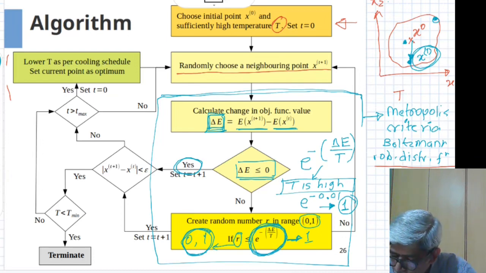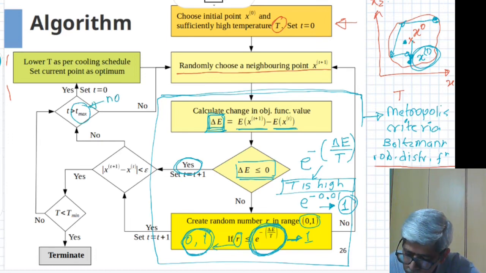Now once you get the first point, you search for another point, then for third point, and so on. You continue at that temperature. You take a certain number of runs which is governed by the parameter Tmax. So this indicates how many iterations you will be doing at a particular temperature.